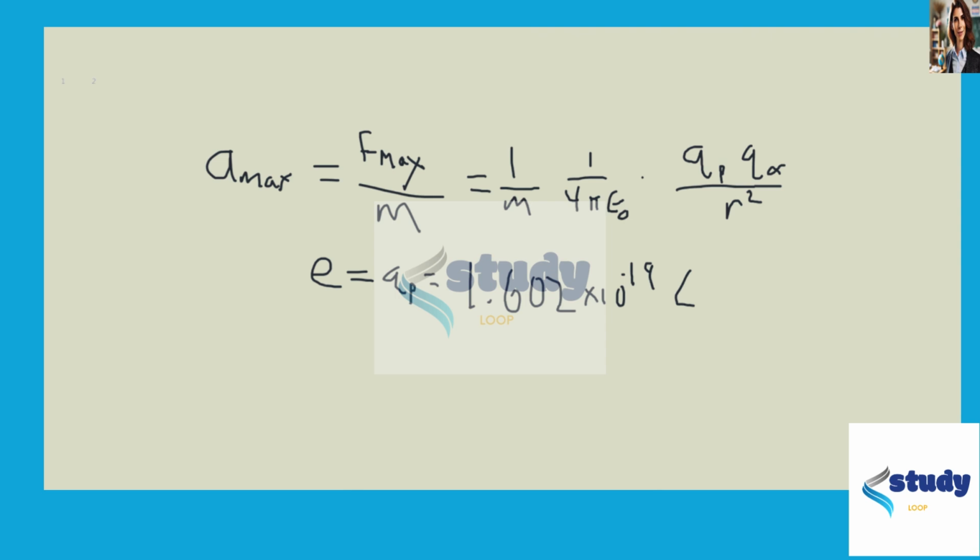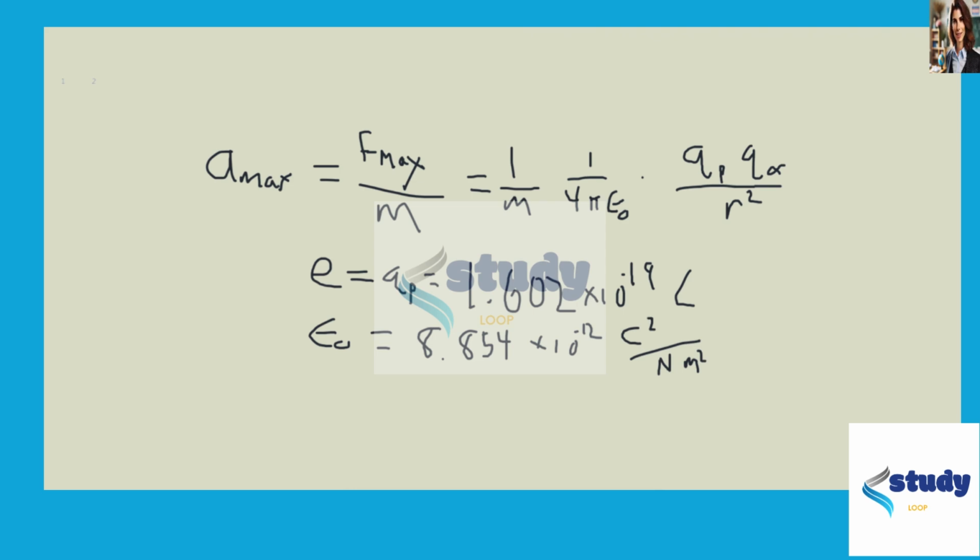We also need to know epsilon naught, which is 8.854 times 10 to the minus 12 coulombs squared per Newton meter squared.